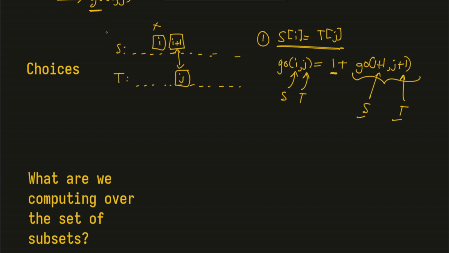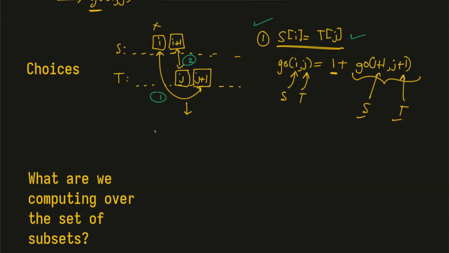And the next one could be that we don't need to match i with j, then it could have been matched with j plus 1. So these two matches will give us two possible choices, the first one and the second one. And this was the initial choice that we saw earlier. It is only possible when both of the characters are the same.